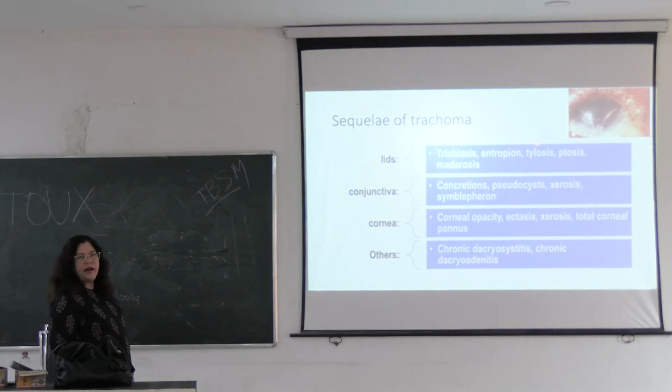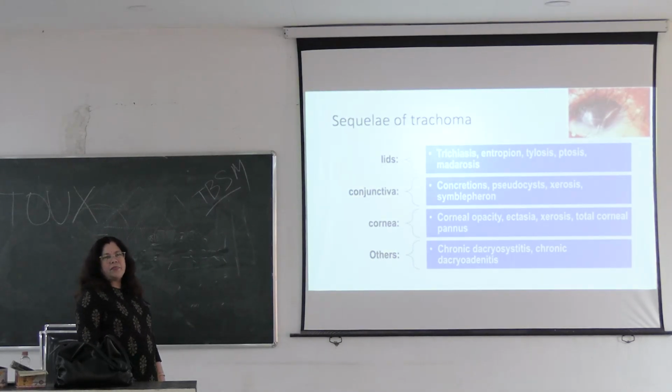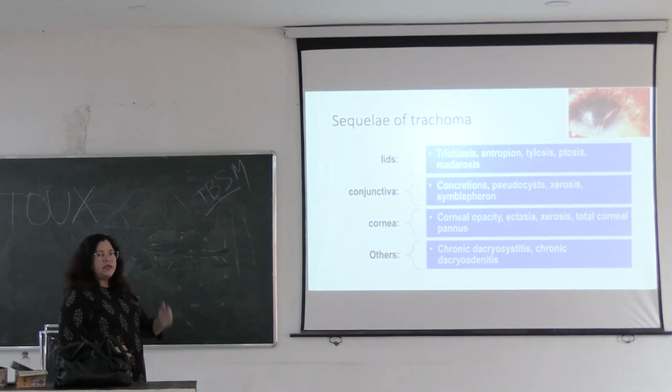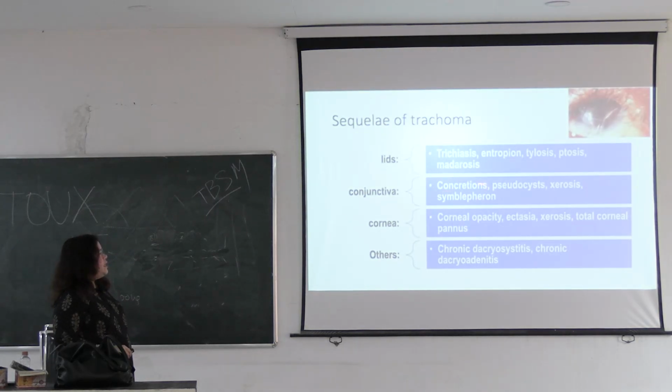Then entropion means inturning of the eyelid margin, and tylosis means thickening of the lid margin, and ptosis means drooping of the eyelid, and madarosis means falling of the eyelashes and hairs of the eyebrows. Then in the conjunctiva, concretions are present, pseudocysts are present, xerosis is present, and symblepharon.